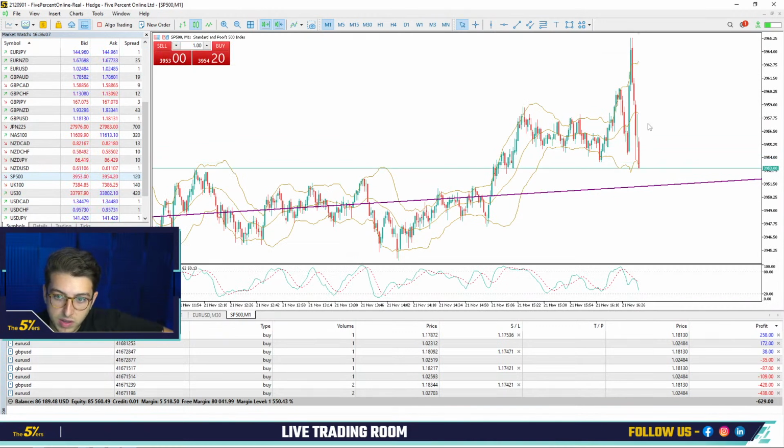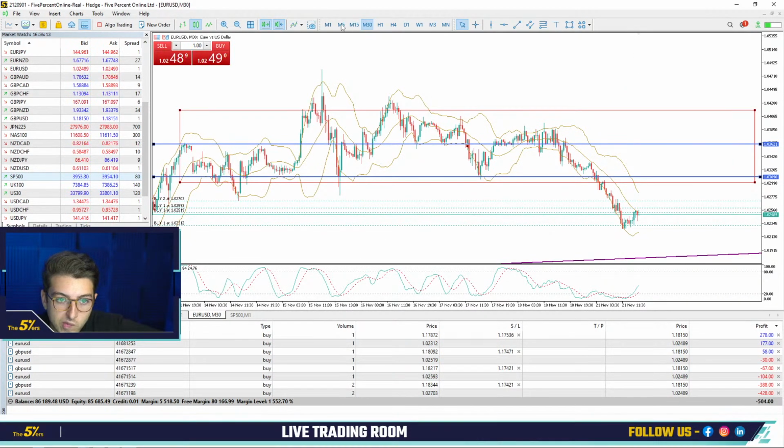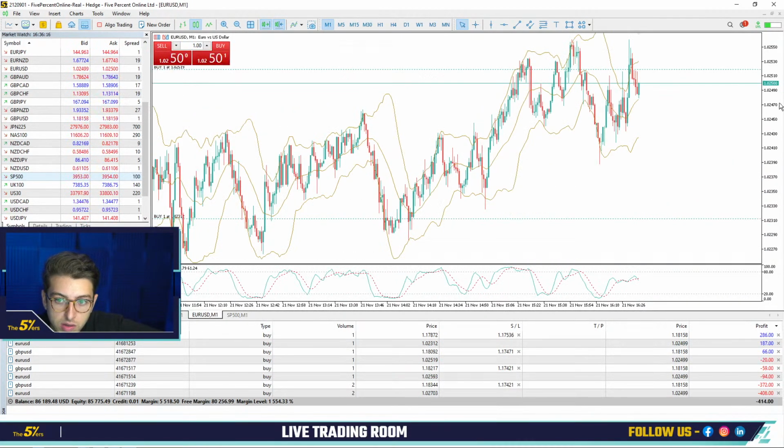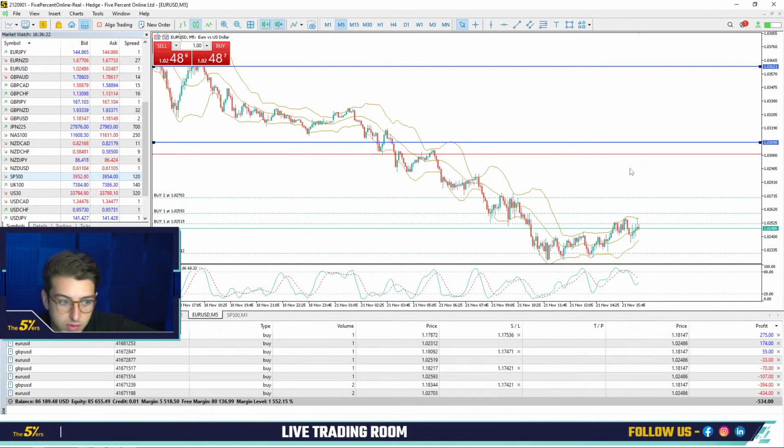Okay, so the S&P opens up and now we're starting to get down. That's why we see the euro dollar not succeeding to break the structure.